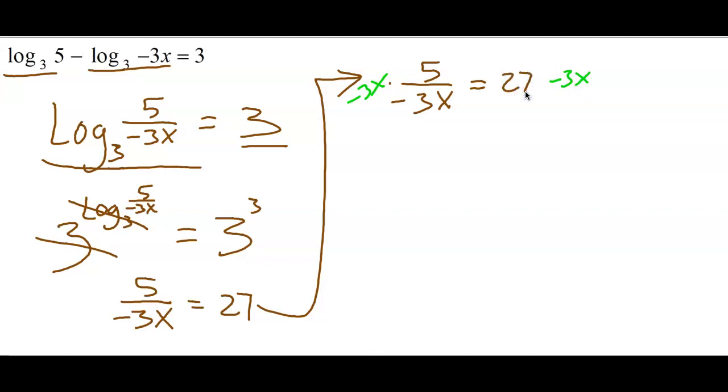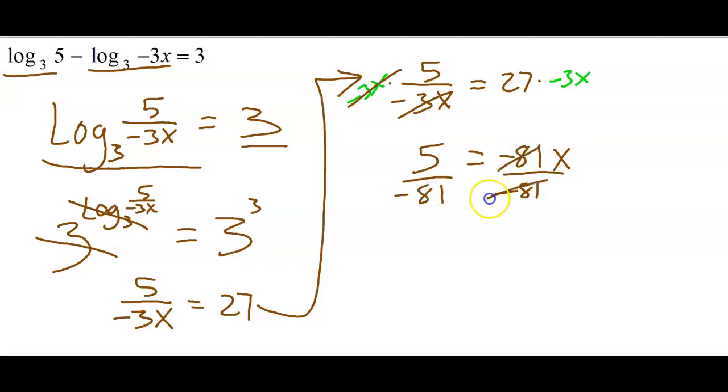Okay, so in this case over here they cancel, leaving me with 5, and on this side over here, what do we end up with there? It's 27 times 3, which is 81, negative 81x. And then one more step, I would divide both sides by negative 81. And there's our answer, 5 over negative 81. Okay.